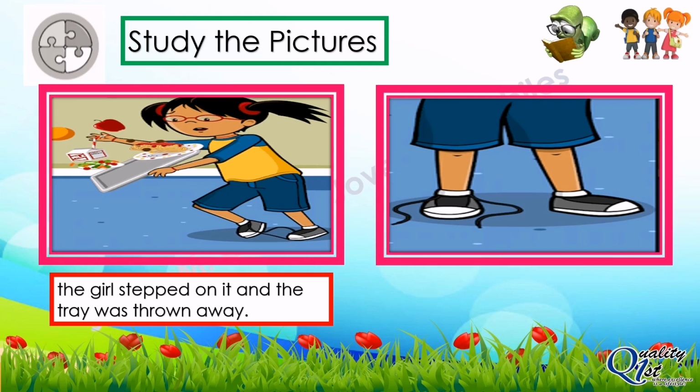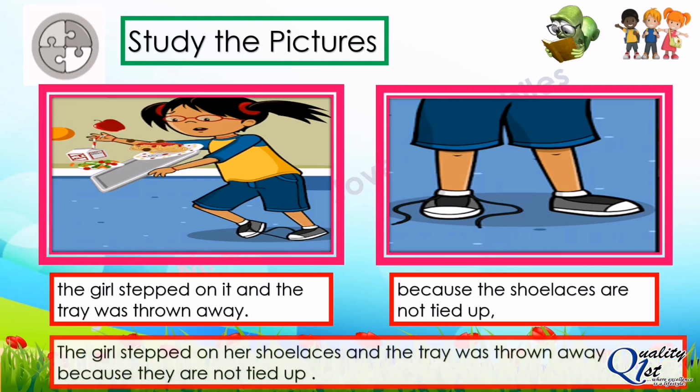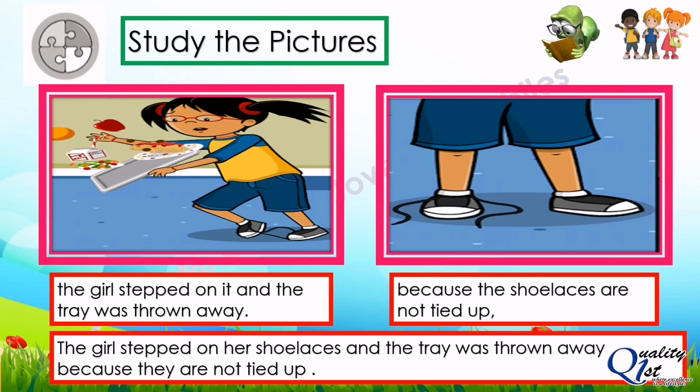Alright? Now, for the second picture, we can say that because the shoelaces are not tied up. Now, let's make a sentence out of it. We can say, the girl stepped on her shoelaces and the tray was thrown away because they are not tied up. Alright? Well done, kids.